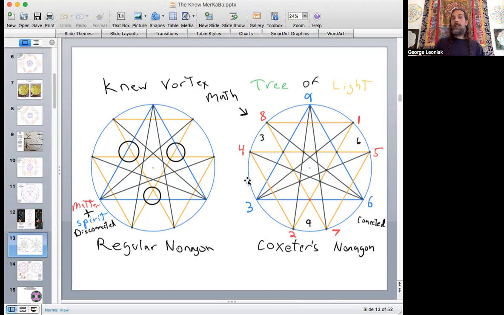And what does the connection here is the golden ratio connection between the spirit matter connection, because of this Coxeter nonagon, as I showed before, based on Odom's discovery of extending the line of the triangle, and then icosahedron stellation of Coxeter's nonagon, essentially tree of light. Okay, just a few things I wanted to discuss there that I've had some floating slides that I think are good to put in there.